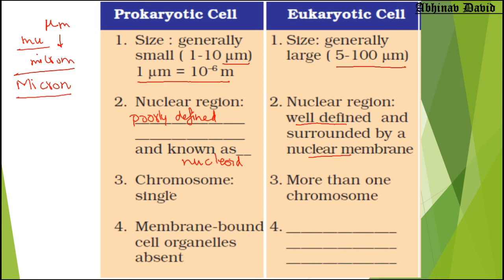Prokaryotes have a single chromosome and eukaryotes have more than one chromosome. Different chromosome numbers are present in different organisms. How many chromosomes do we have? Find out. I will ask. Now membrane bound organelles are absent in prokaryotic cells, that we have already seen. What about eukaryotic cells? Membrane bound organelles are present.